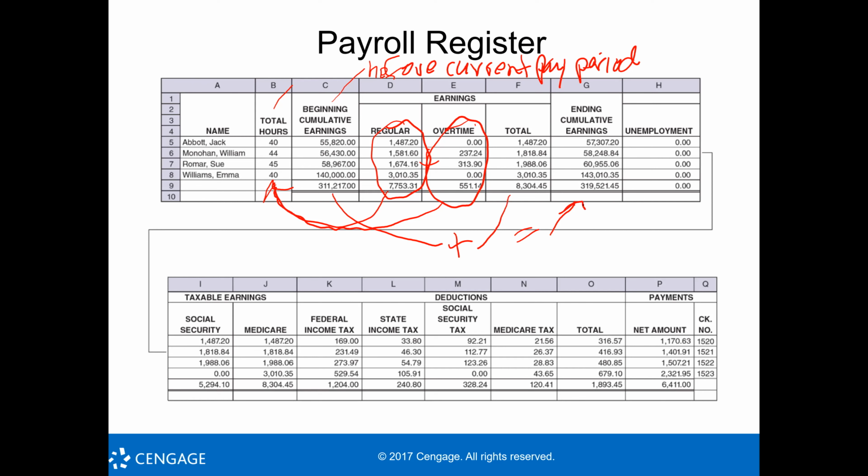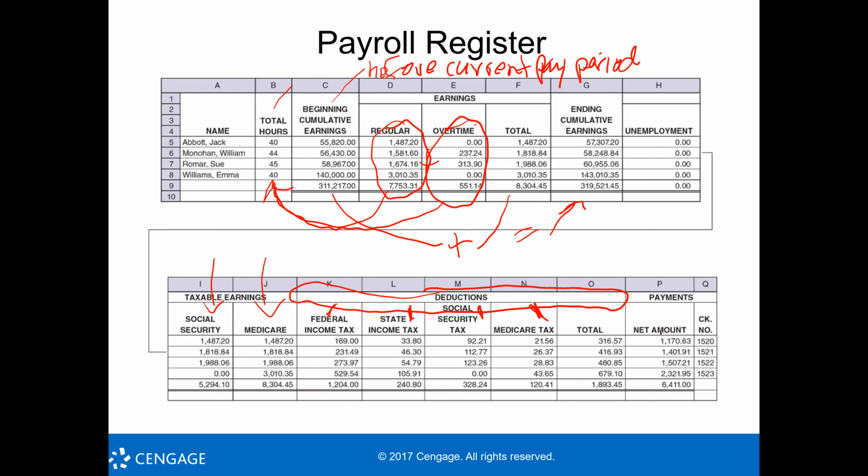All right. Based on our totals for the week and what we've earned so far, we calculate taxes: taxable earnings for Social Security and for Medicare. And then here are our deductions: federal income tax, state income tax, Social Security tax, Medicare tax, total deductions. And that gives us our net amount.